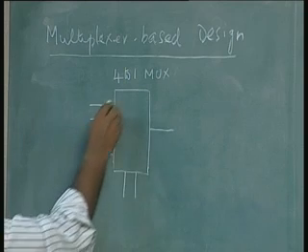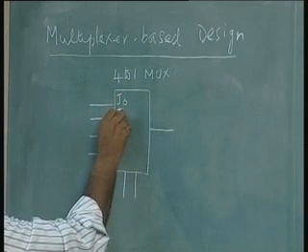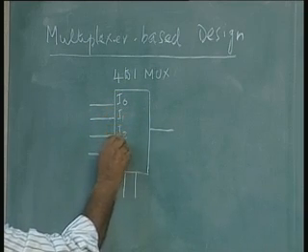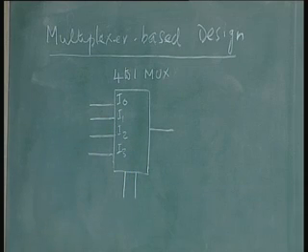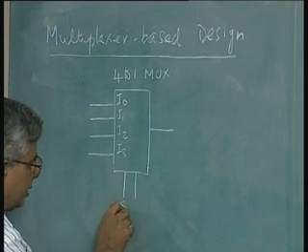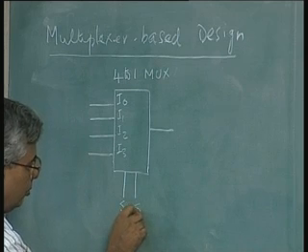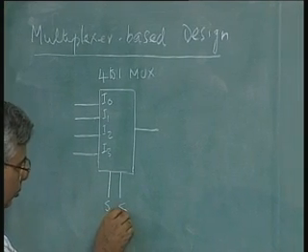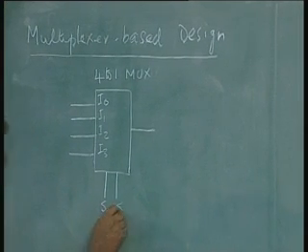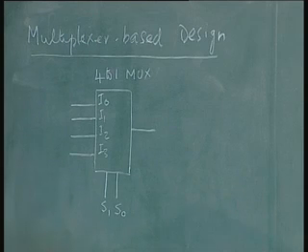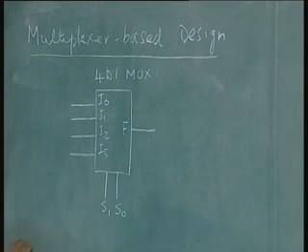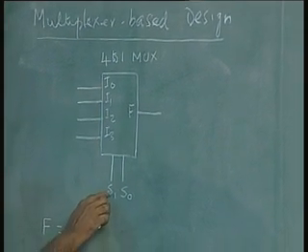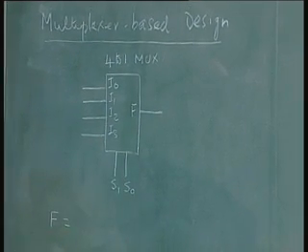So, let us call these inputs I0, I1, I2, I3 as inputs 0, 1, 2 and 3, and these selectors as S1 and S0. On the output F, we can write the function F as I0 if both S1 and S0 are 0 or low.